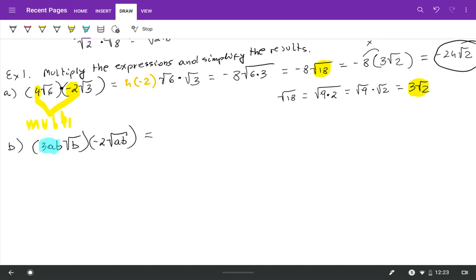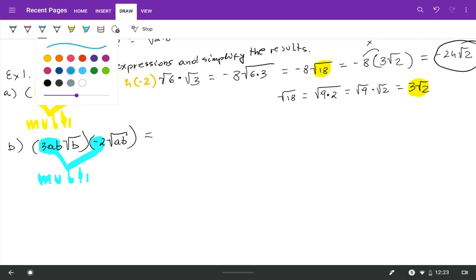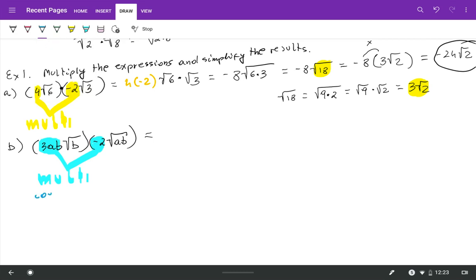Again, those numbers are not under a radical, so you can always multiply them. Okay, so we multiply the coefficients, so we have 3 times negative 2, that will be negative 6ab. And then rewrite everything else. We have the square root of b times the square root of ab.